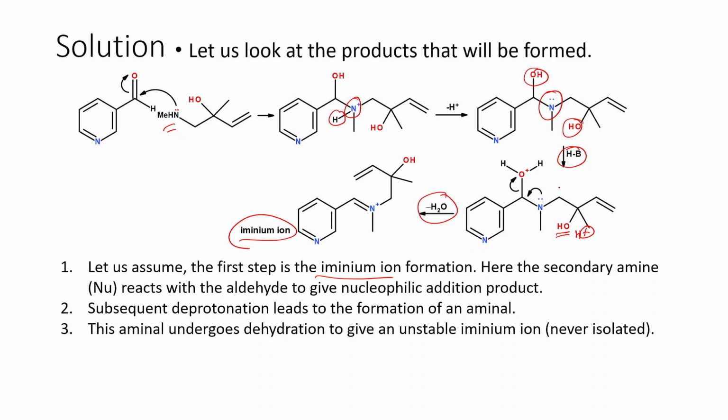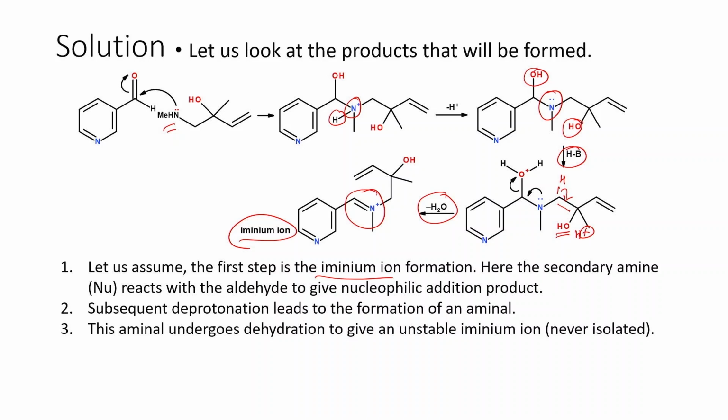Even though there is a hydrogen atom here and this alkene will form, it is not going to lead to the formation of the iminium ion. Because in this particular case we are mainly focused on the formation of the iminium ion, we will be focusing on the loss of the hydroxy unit from the aminal unit, which is adjacent to the amine.